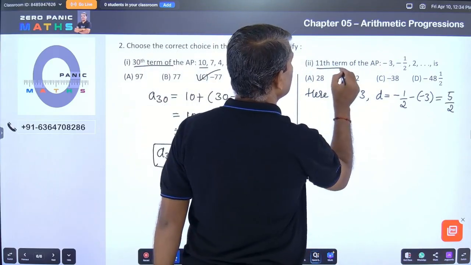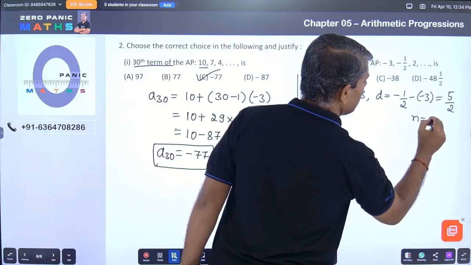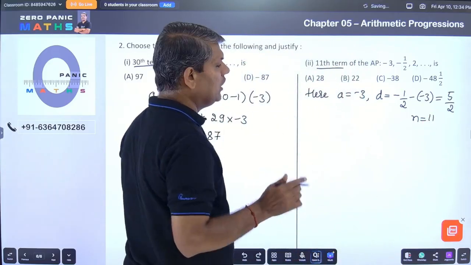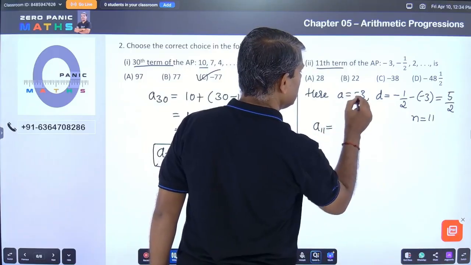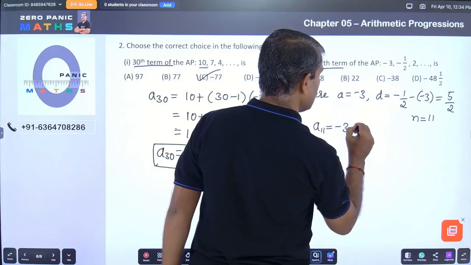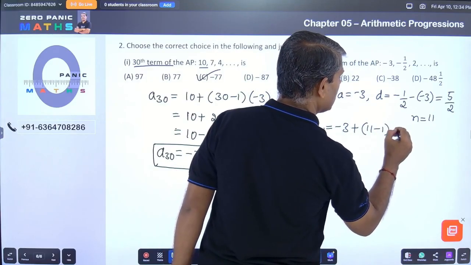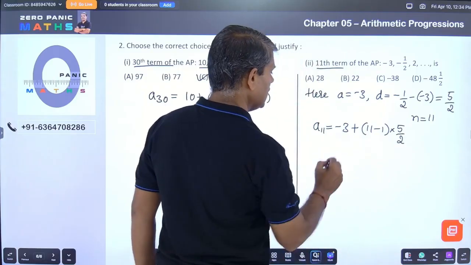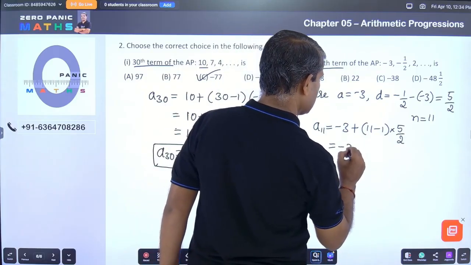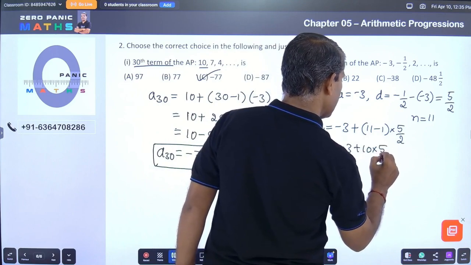So it is the 11th term that we need to find out. What else is given is n is equal to 11. So we need to find a11 with a is equal to minus 3 plus 11 minus 1, and what is d? d is 5 by 2. So it is minus 3 plus 10 into 5 by 2.